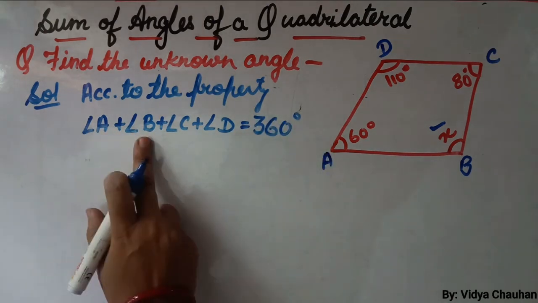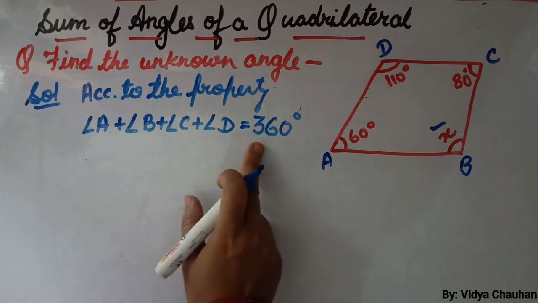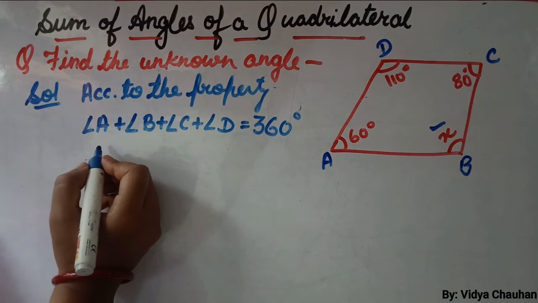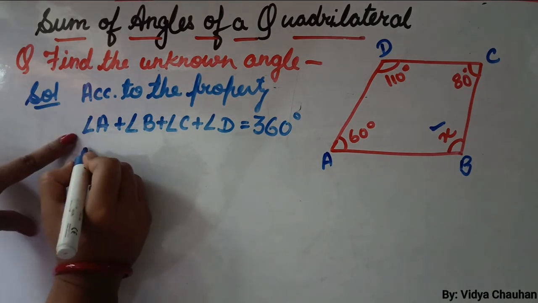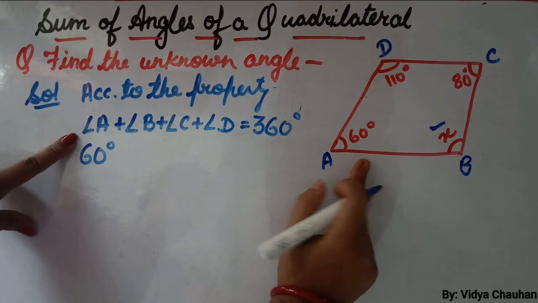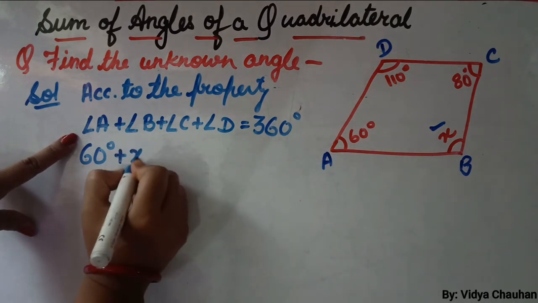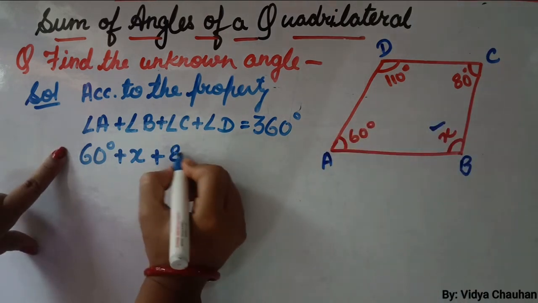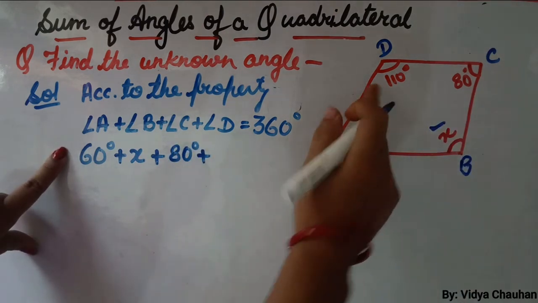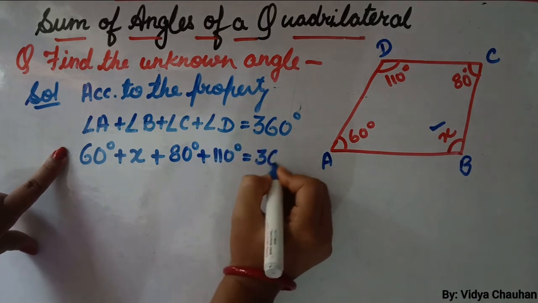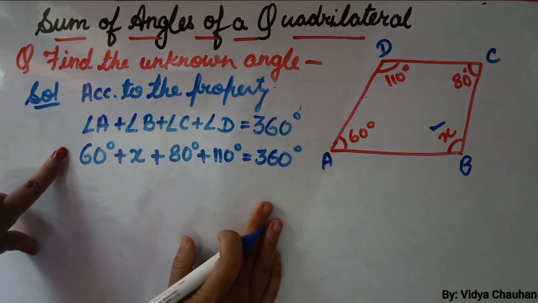That means angle A plus angle B plus angle C plus angle D is 360 degree. Now let us put the value of these angles one by one. Angle A. What is angle A given to us? It is given as 60 degree. Angle B is X. What is the value of angle C? Angle C is 80 degree. And angle D is 110 degree. And it is equals to 360 degree.